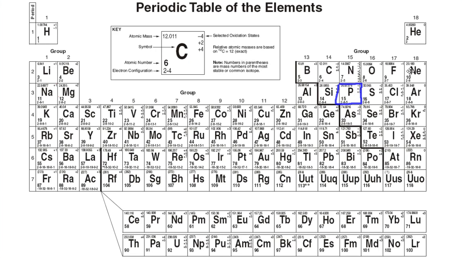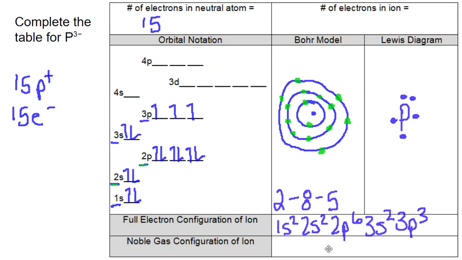Okay, so neon would be the noble gas that comes before phosphorus. Go ahead and put neon in brackets. And then what comes after would be 3s2, 3p3. Okay, so this would be the diagram for the neutral atom phosphorus.